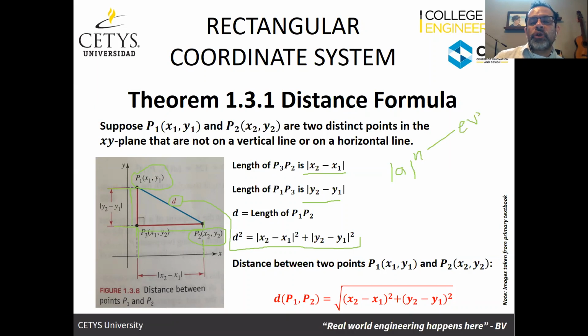Okay, so 2, 4. What happens if I elevate a negative number to an even power? What happens to the number automatically?